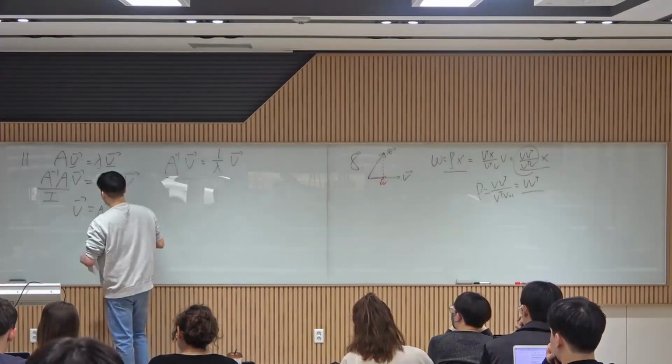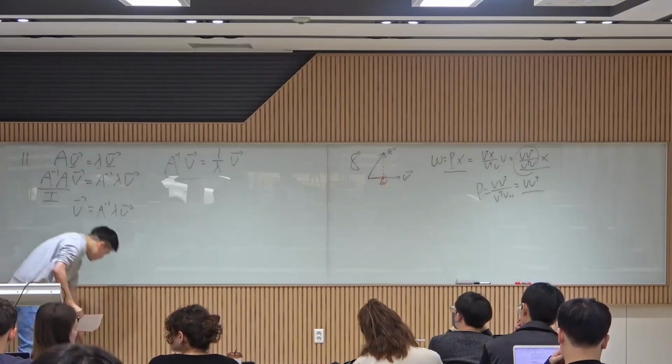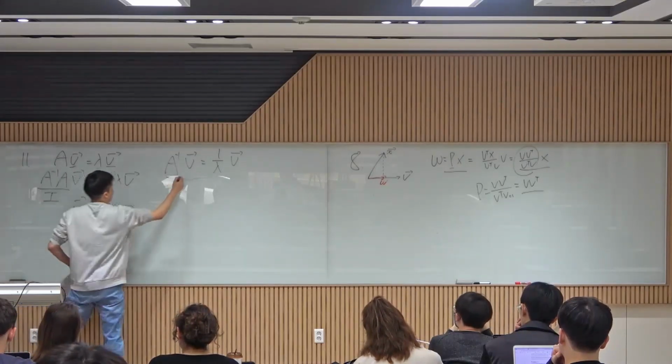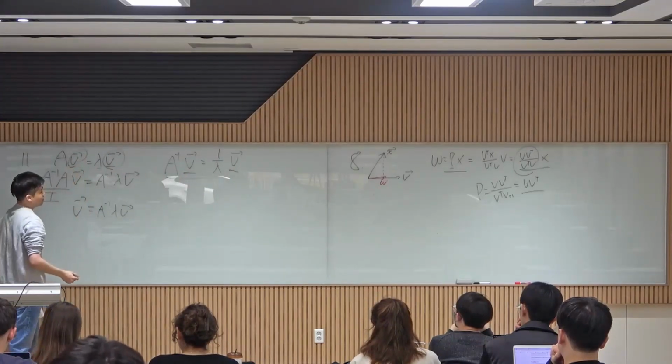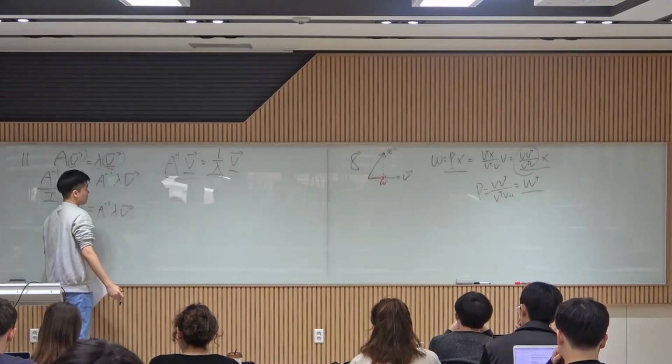So this equation is satisfied. As you can see in this equation, the eigenvectors of the inverse of A are just the same as the eigenvectors of A, okay? However, the eigenvalues are inverted.